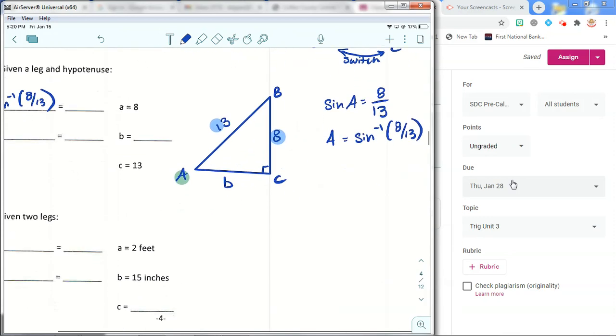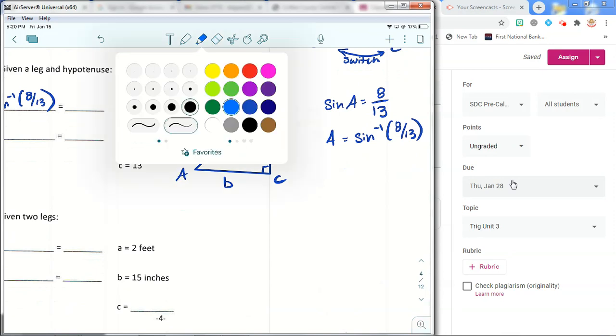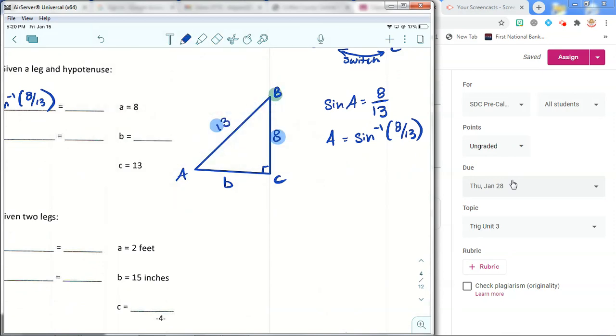Right, and then we will do the same thing, but finding angle B. Okay, and if you're looking at those sides of the triangle with that angle, the relationship is going to be the cosine. So the cosine of B is equal to the adjacent over the hypotenuse. So we want to find what angle has that cosine. We'll do the inverse cosine of that fraction.